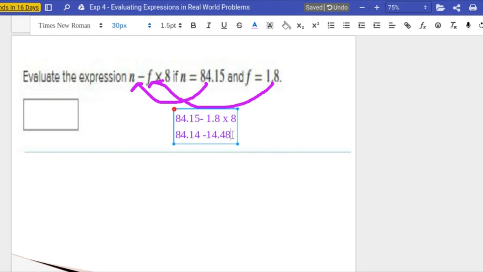Then I can go ahead and subtract, and I get 69 and 75/100. So my expression would equal 69 and 75/100.